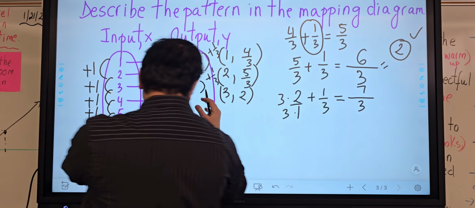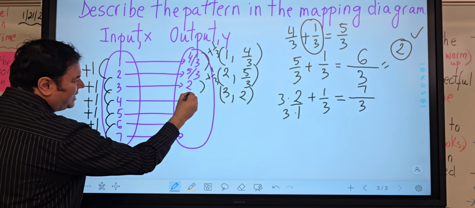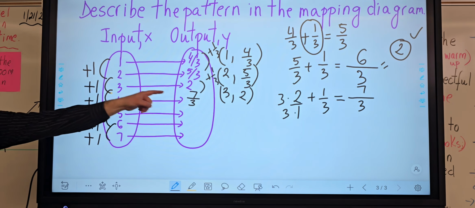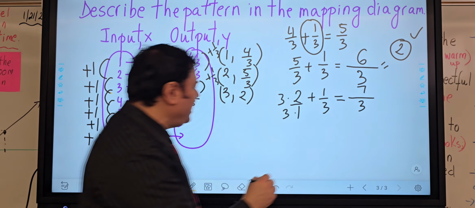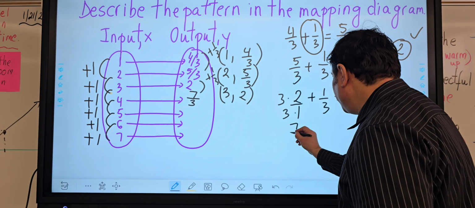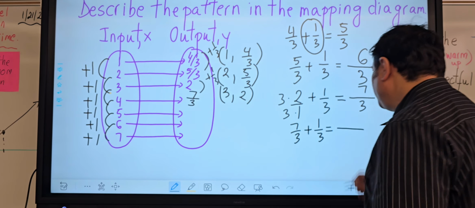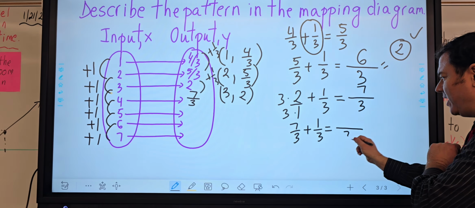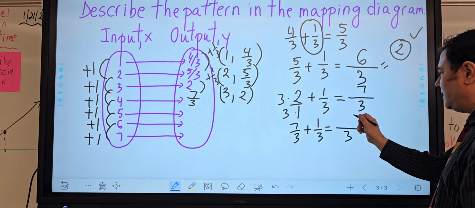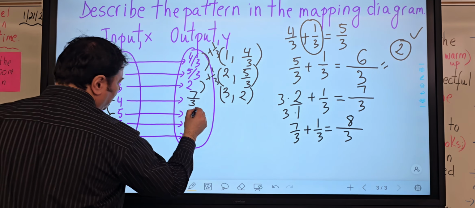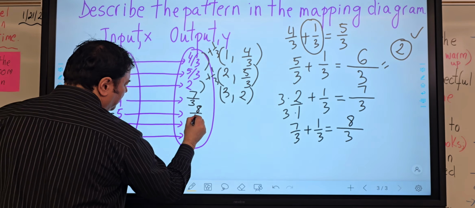So the next number is 7/3. And now let's add 7/3 plus 1/3 and see what we get. 3 is the denominator, and then 7 plus 1 is 8. So 8/3 is the next number here in the blank.